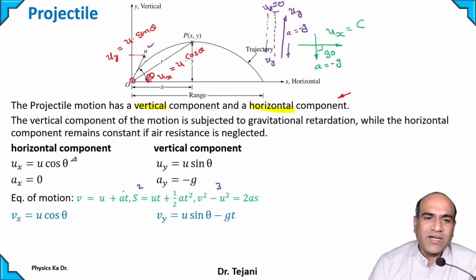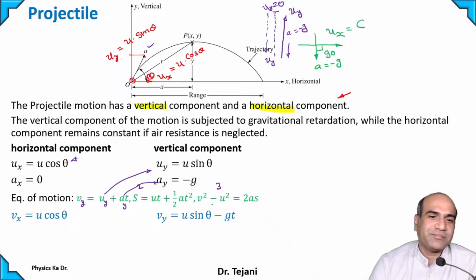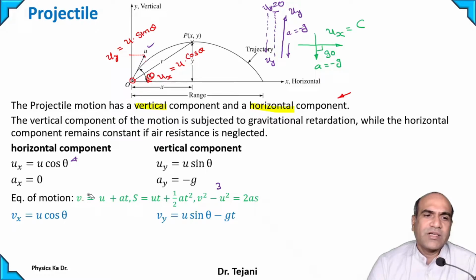But when we take the vertical component, vy is equal to uy plus ay t. uy is equal to u sin theta, and the acceleration along y is minus g. Therefore vy is equal to u sin theta minus gt. So we derive two equations from the first equation of motion.